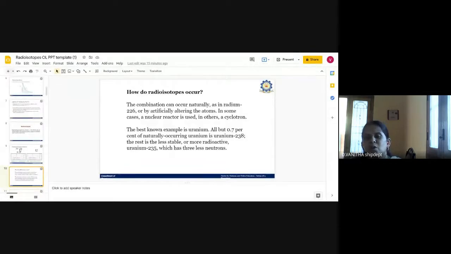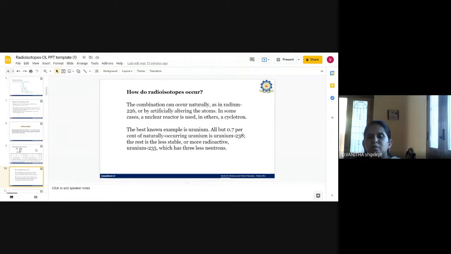But of uranium, only 0.7 percent is naturally occurring in nature as uranium 235, and the rest is the less stable one. It is unstable and more radioactive.